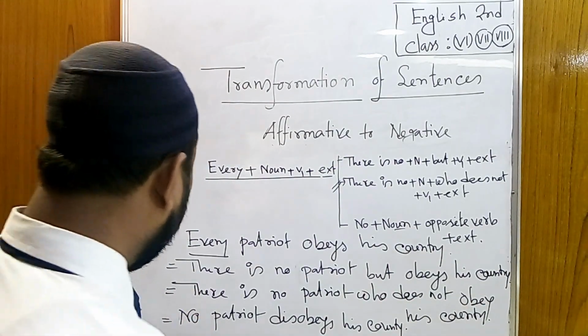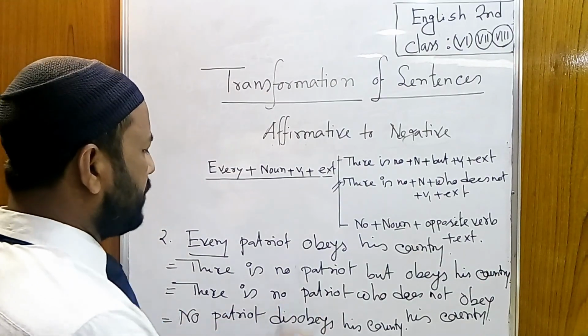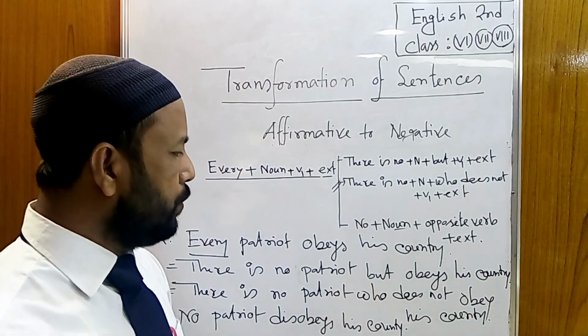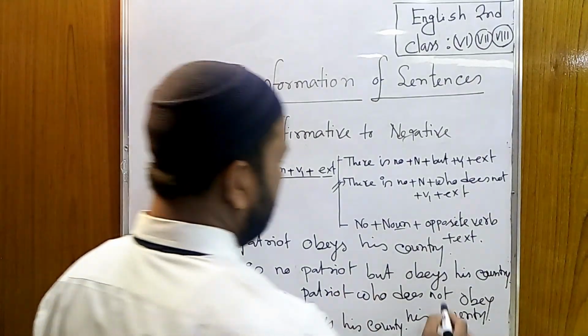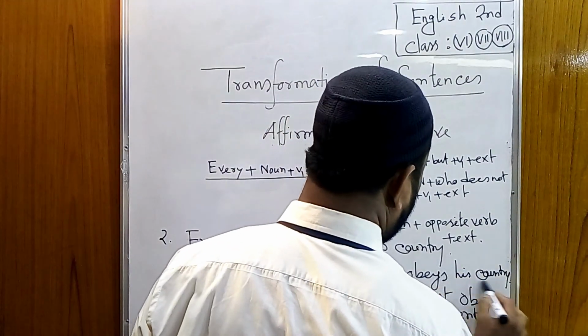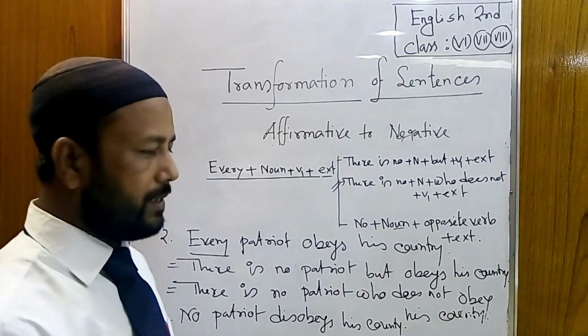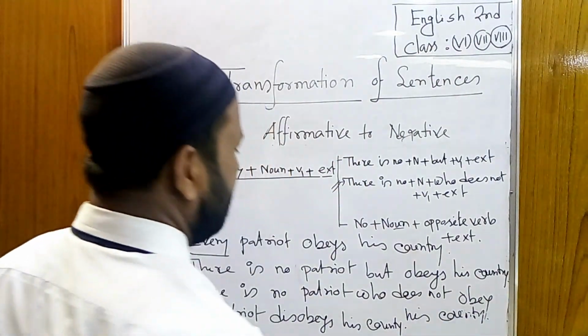And the second one, there is no patriot. I use here who doesn't. Then here is an s, but here is not s, because we use here who doesn't, and then his country.